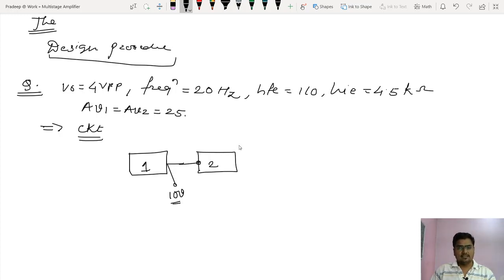It will be fully applied when this impedance and this impedance get matched, that is, the output impedance of the first stage matches the input impedance of the second stage. Only then does that 10 volt get fully applied to the input of the second stage. Otherwise, when there is no matching or there is a little mismatch, there is a loss.